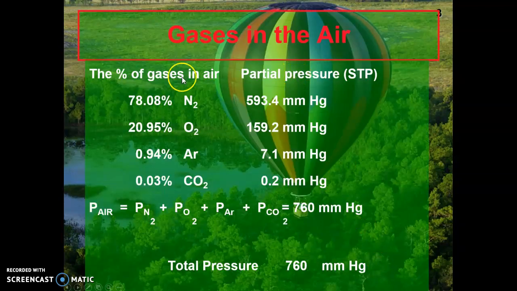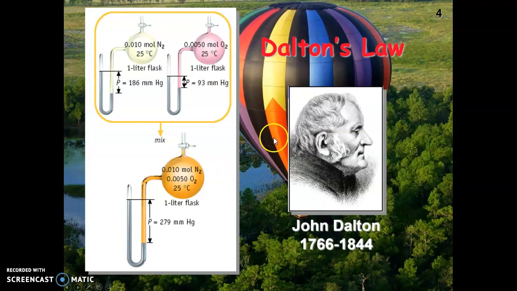Now, in the atmosphere, you might not be surprised to learn that there is a little bit of water vapor in the atmosphere. It varies depending on location. It's really high in tropical rainforest kind of areas and really low in desert areas. But the atmosphere is a mixture of gases.